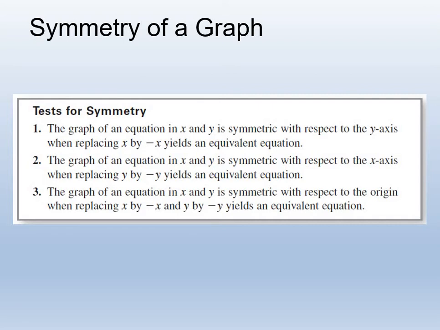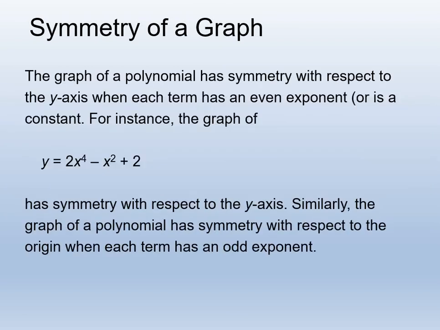So we can test this graph here. If I substitute in negative x for x here, I literally replace it. So I'll have negative x to the fourth. Negative x to the fourth, since it's an even power, gives me back x to the fourth, and then negative x squared will give me back the same x squared. So if I substitute in a negative x value here, I will get back the exact same equation.